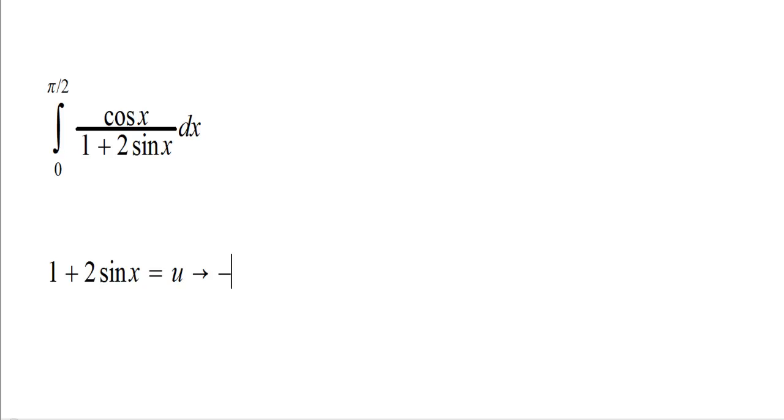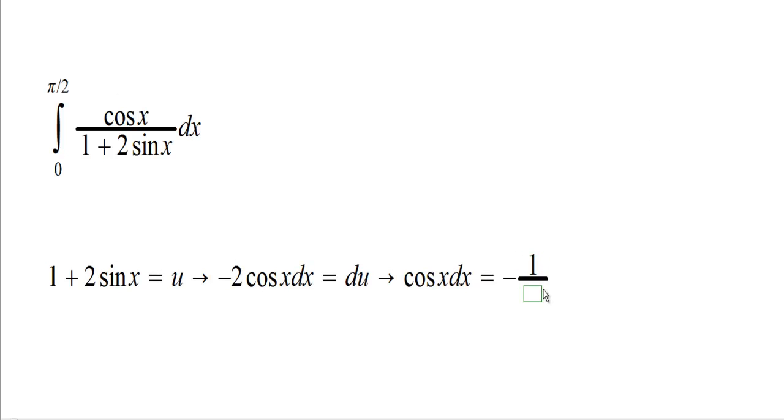So as you said, it's negative 2 cosine of x dx, right? And then we got a du, right? And then what happens is this, we get cosine x dx equals what? Negative 1/2 du. Are we good? Why 1/2? 2. I brought it over here.